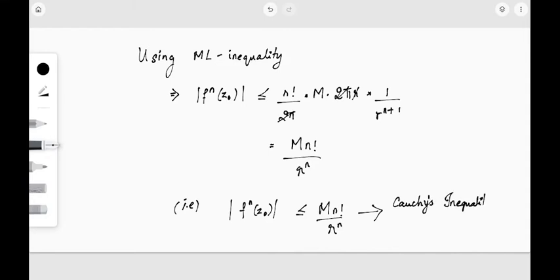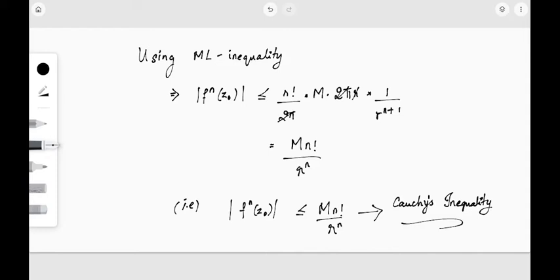So keep in mind this Cauchy's inequality. There can be questions like finding the bound of the higher order derivative of a complex function. To find the bound of the higher order derivatives of the function, we have to use this Cauchy's inequality, but we must be given the values of M, r, and n respectively. So this is called Cauchy's inequality.